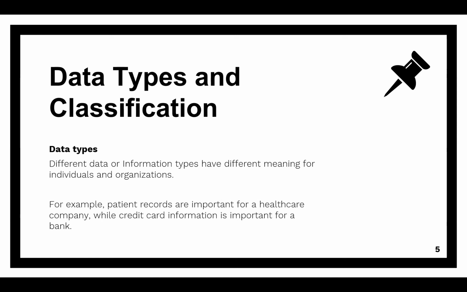But if you're working for a financial company or a bank, credit card information and personal data might become more important. So it's important to understand the data types and data categorizations and what is important for each company.